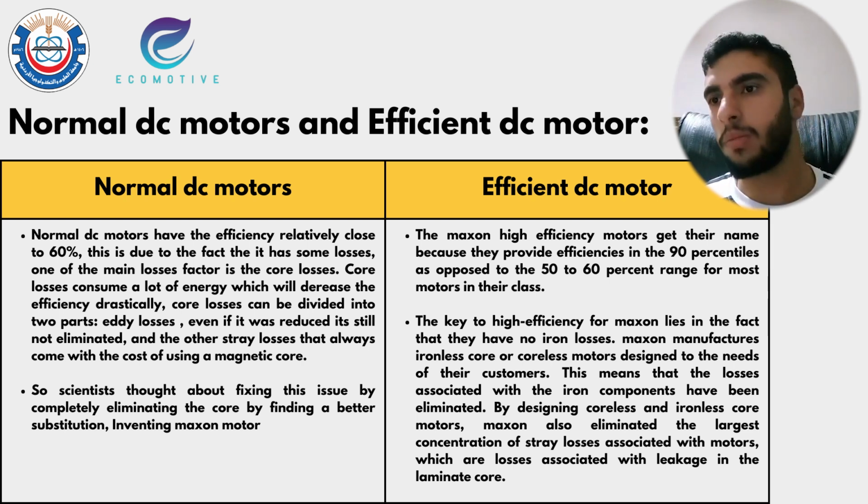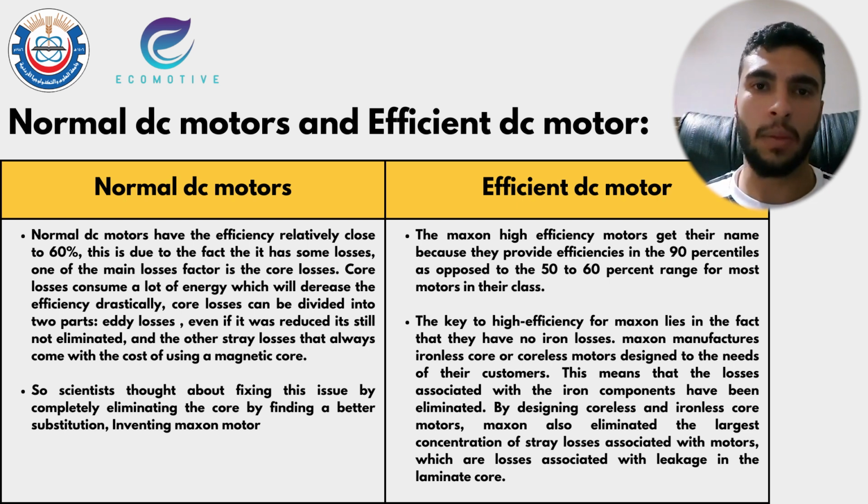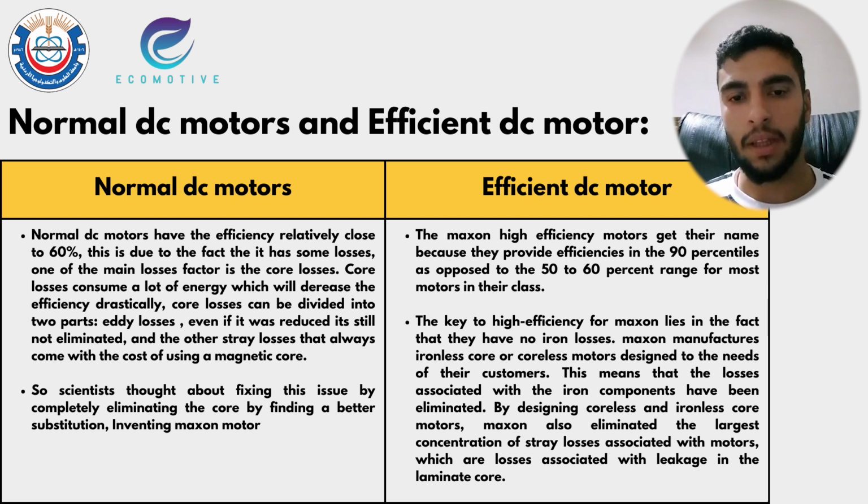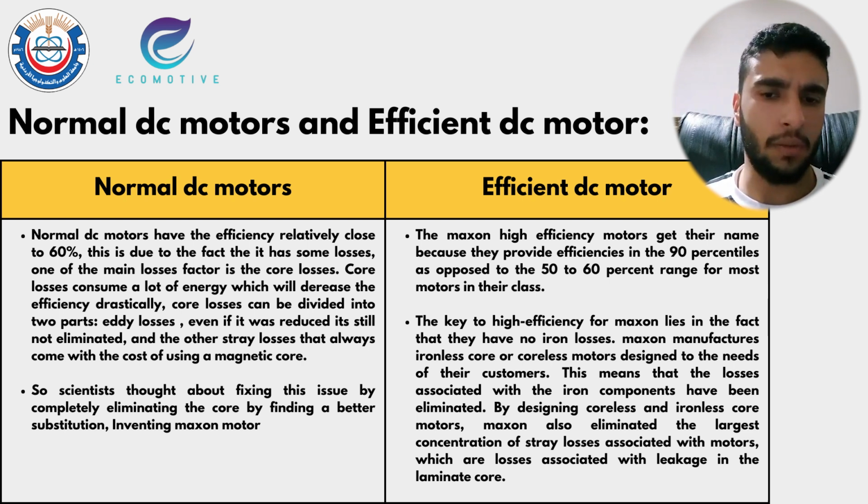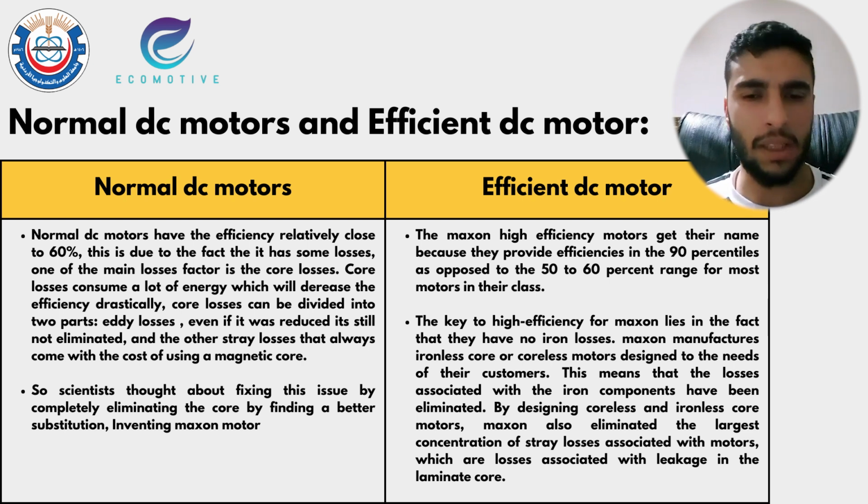And if you compare it, you will see that the Maxon motor gives you high performance, but the normal one, which gives you only 50 to 60% efficiency, doesn't give you that good a performance.